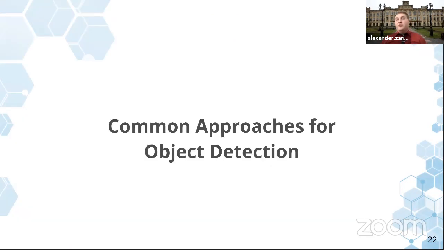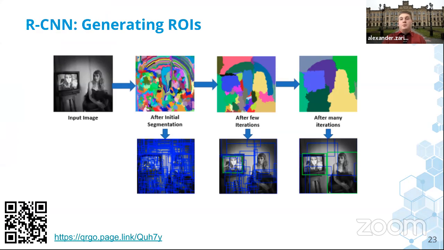Okay, now that we're familiar with object detection fundamentals, let's move on and review how deep learning object detection models emerged. We will start with one of the most popular deep learning based object detectors, called RCNN. It consists of two simple steps.